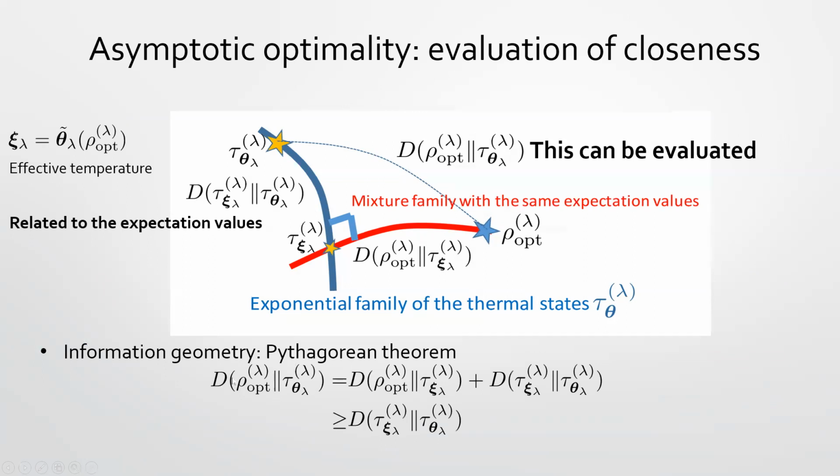It is not so easy to evaluate this one, but to evaluate this problem, we need to use some information geometry method in this way. Because we have a kind of Pythagorean theorem in this way, this quantity can be evaluated as some other quantity. We introduce another summary state, and the difference between this and this one is lower bounded by the difference between these two quantities.